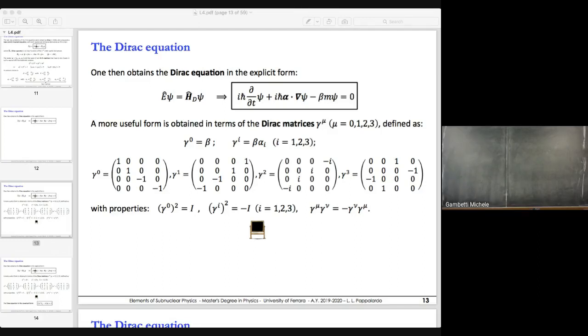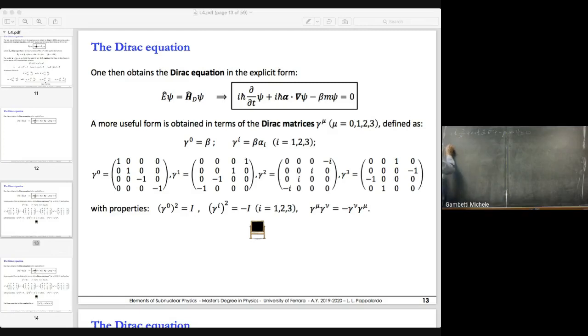So we start from the Dirac equation in the explicit form that I will provide you: i h bar partial t psi plus i h bar alpha dot nabla psi minus beta m psi is equal to 0. This is our starting point. Now we multiply the Dirac equation on the left by beta.